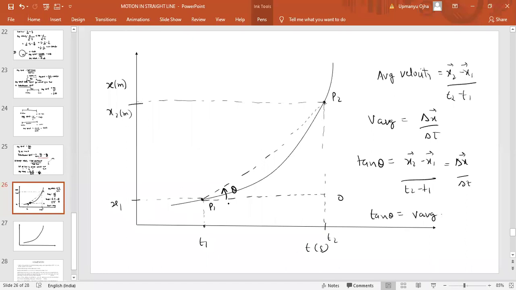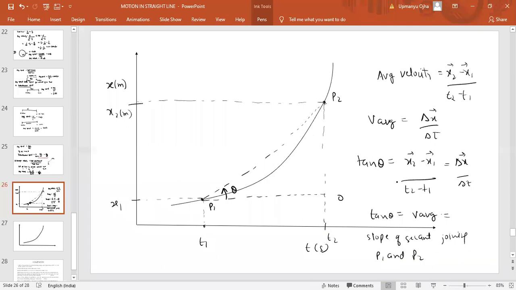And what is tan theta? Theta is the slope of the P1 P2 line, or we can say the slope of the secant joining P1 and P2 points. That is how we can represent average velocity in the form of a graph.